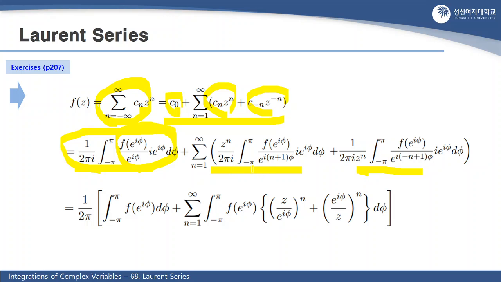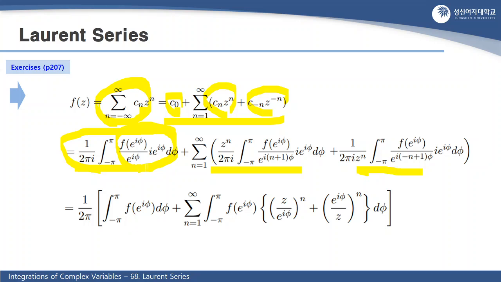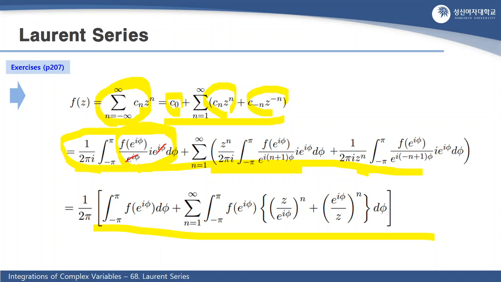Okay, then we compute this. In the problem, f of z is equal to this, so we get this directly. By cancelling here, e to the i phi and i here, we get f of e to the i phi.